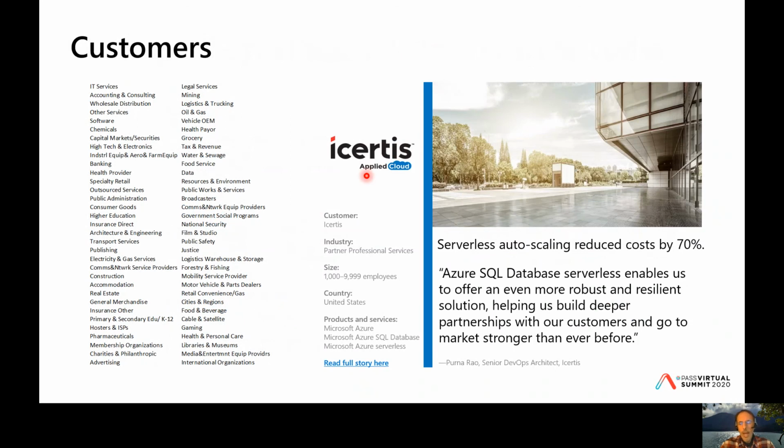Icertis provides contract management services in the cloud for their own customers. They manage millions of contracts for their customers across nearly 100 countries around the world.